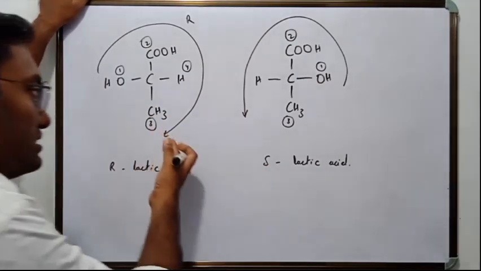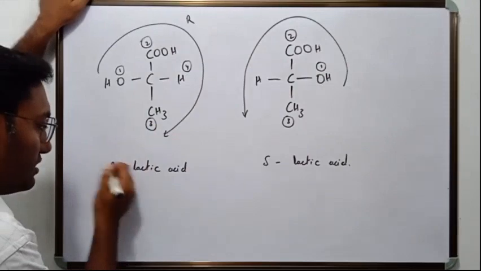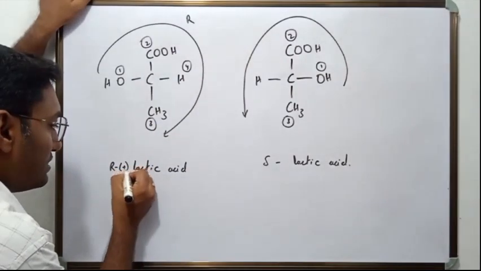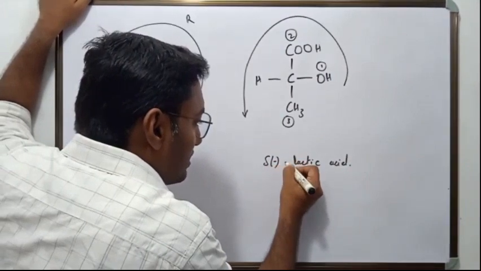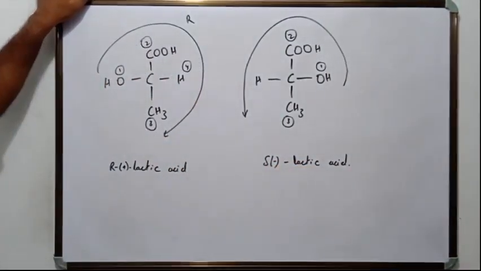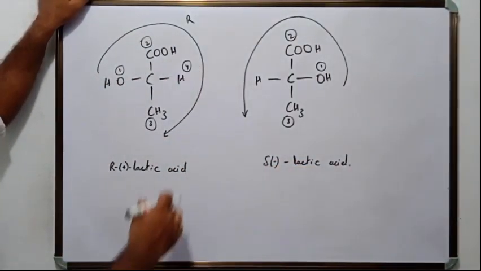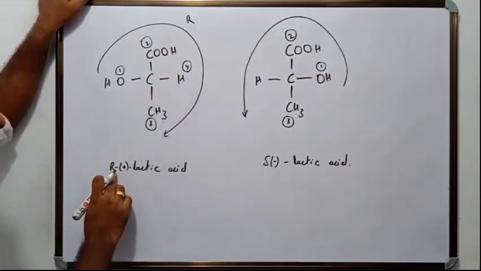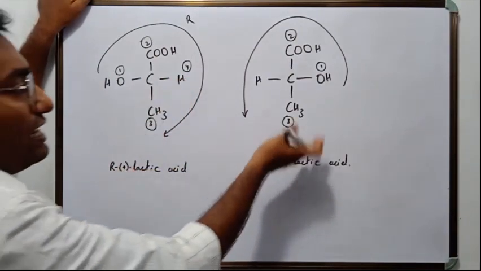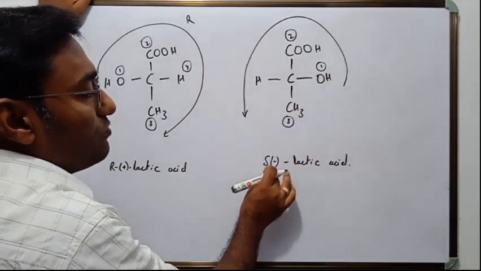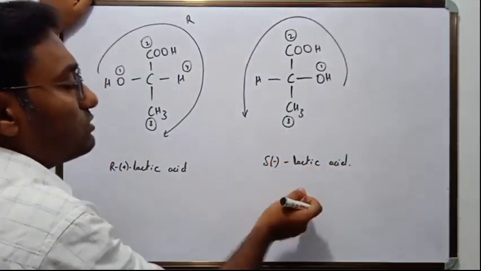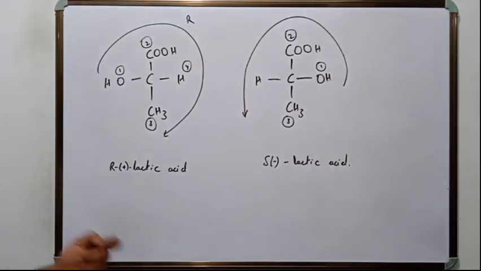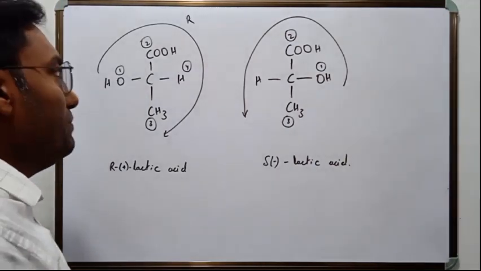So if this is the plus isomer, then it will be written as R plus lactic acid, and if this is the minus isomer, then it will be written as S minus lactic acid. If it is minus, it would be written as R minus lactic acid, and if it is a plus isomer, then it would be written as S plus lactic acid. But to know whether it is a plus or minus isomer, we have to go for an experiment in a polarimeter.